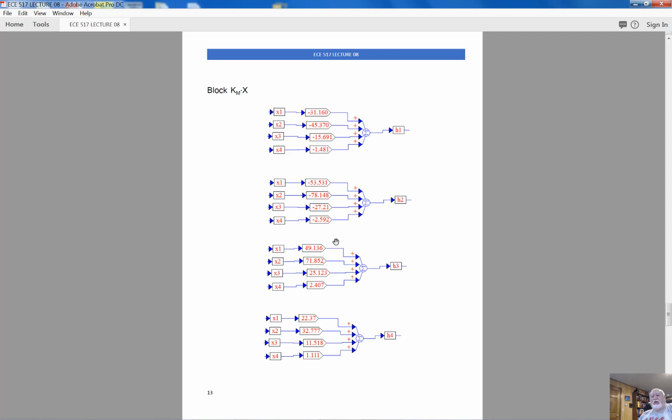And I guess it's all done properly. All these coefficients, all these numbers are typed in from the computer printout. And I introduced variables h1, h2, h3, and h4 that I will use later in the control law.